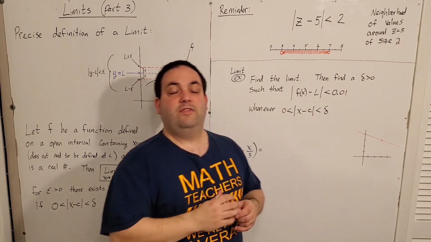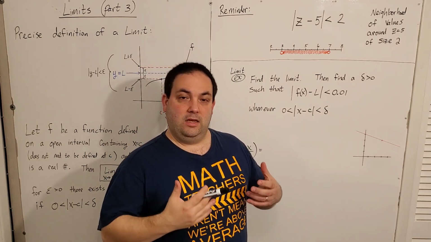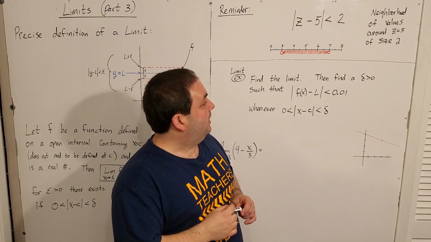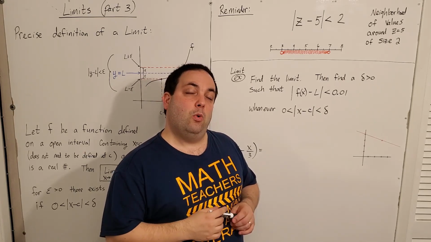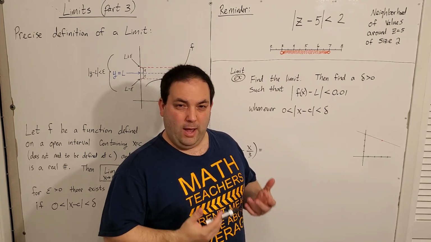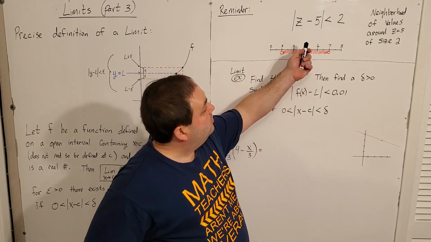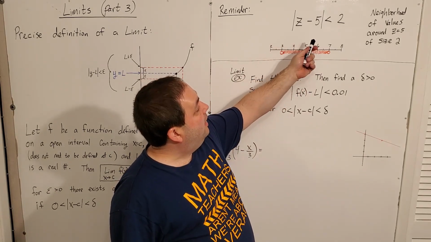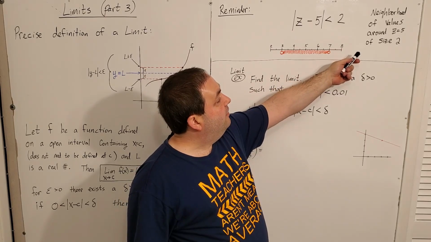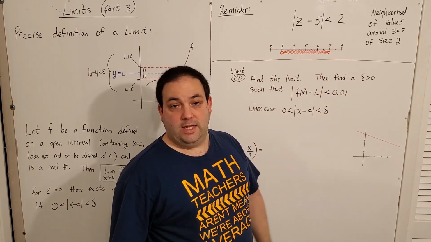This kind of thing is used a lot in generic mathematical proofs, because sometimes we need to talk about what we call a neighborhood around a value. So right here, I would also call this the neighborhood of values around z equals 5 of size 2, or of radius 2.